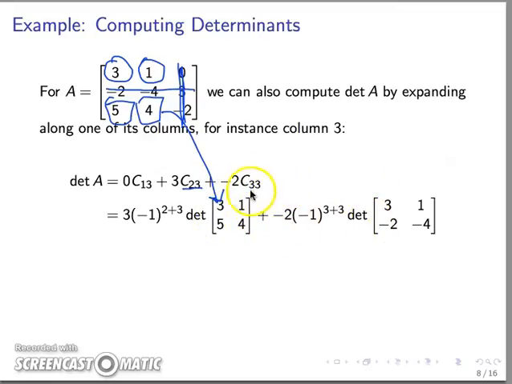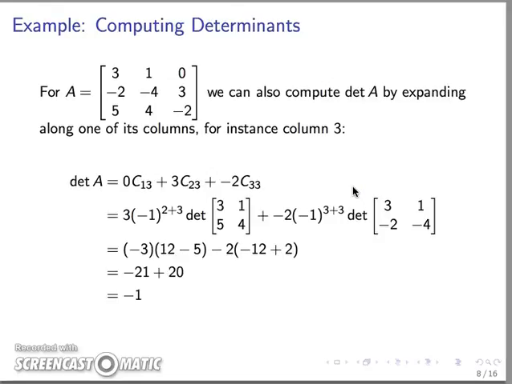Then when you move on to 3 3, you're looking at the sub-matrix obtained by excluding row 3 and column 3, which is this other 2 by 2 matrix. The calculations also lead to the value of minus 1, which we had previously computed, and this checks out.